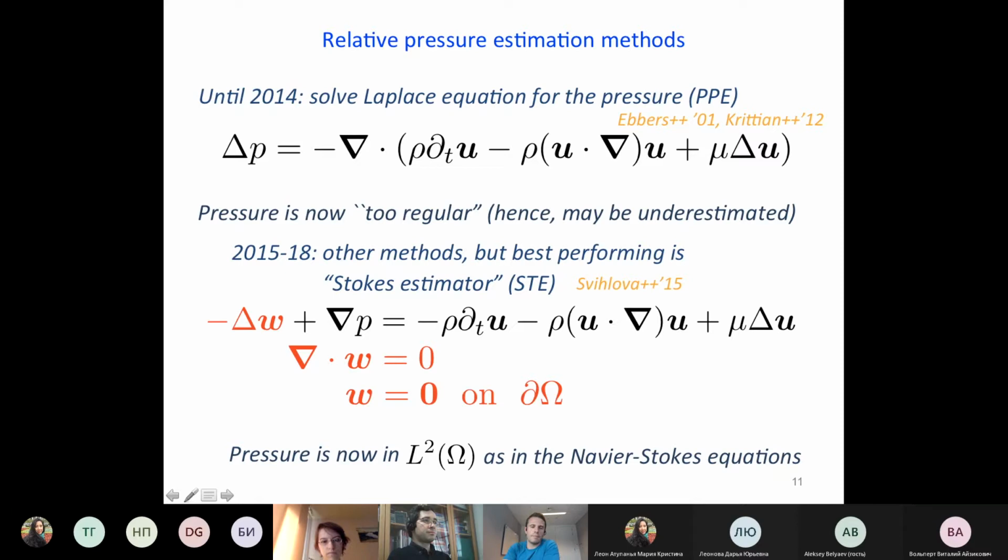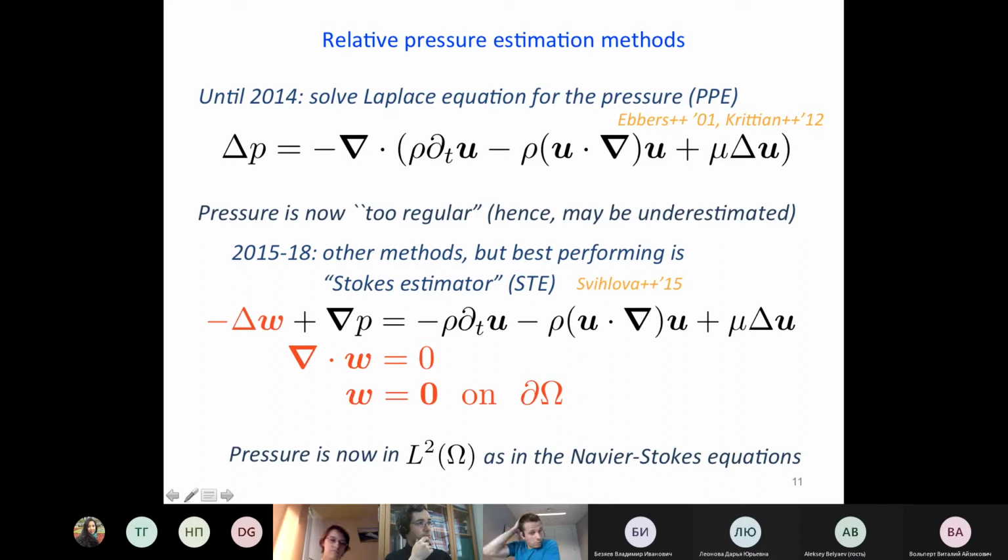If you have perfect data, so that U satisfies the Navier-Stokes equation perfectly, then this extra term will be 0, right? So in some sense you have some kind of inverse consistency: if you have perfect data, you get the perfect solution. That is not necessarily the case with the other estimator. So you just hope that whatever is non-physical in the data is taken by this extra term.